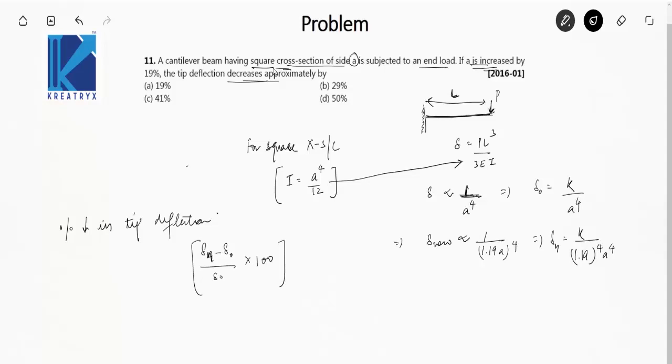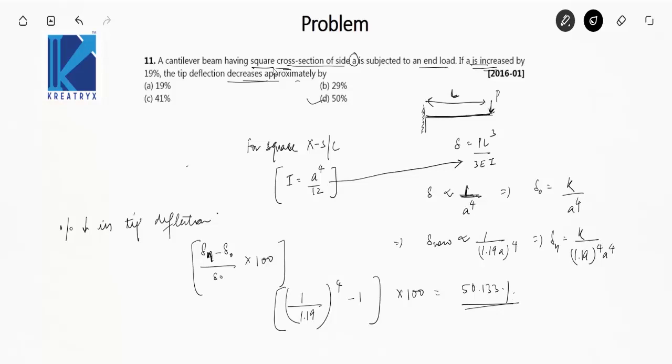This is given by 1 upon 1.19 raised to the power 4 minus 1, into 100, which is equal to 50.133%. So the tip deflection decreases approximately by 50%. Option D is the answer. Okay, next problem.